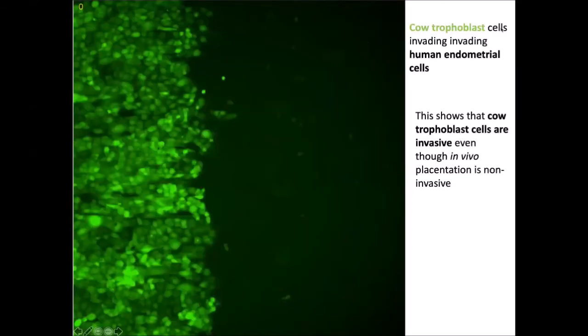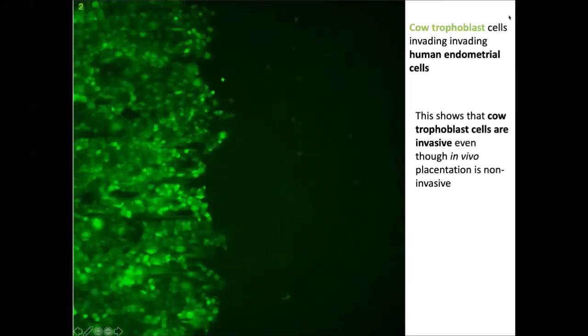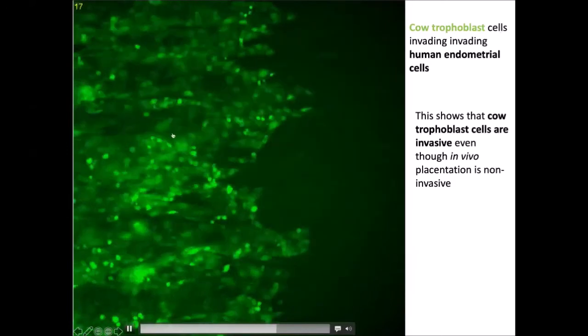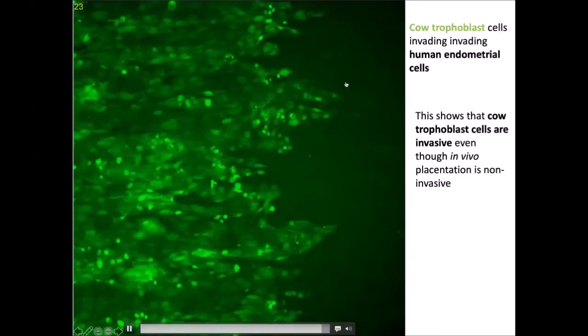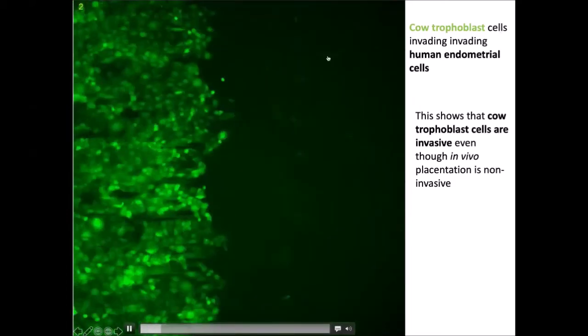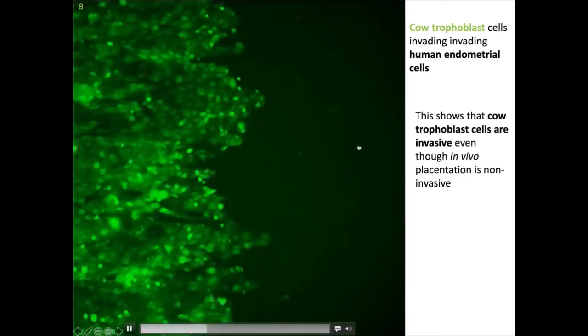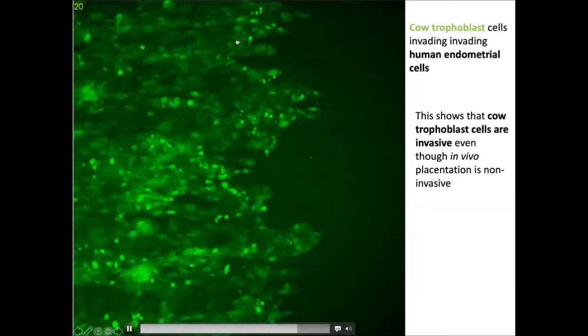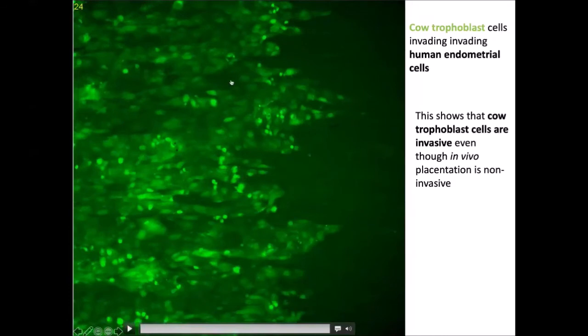I should move this. Okay, so what you see here in green are cow trophoblast cells that are opposed by unlabeled human endometrial stromal fibroblasts. So you can see, even though the cow placenta in vivo is non-invasive, if they are faced with human fibroblasts, which are highly invasible, they actually invade quite rapidly.